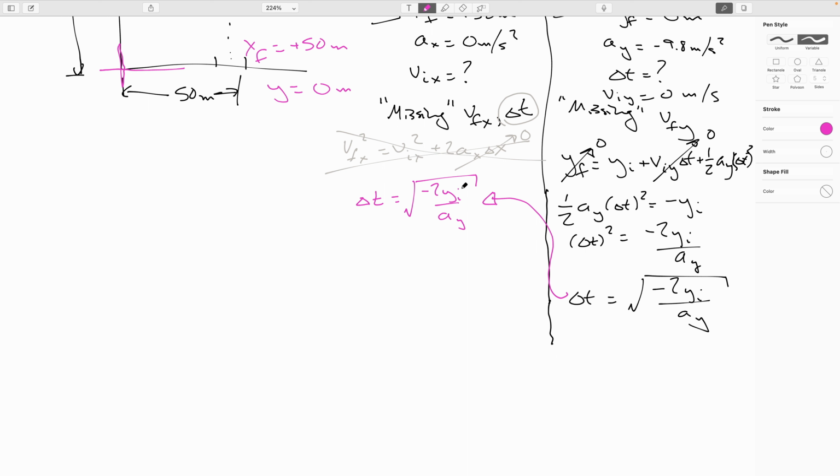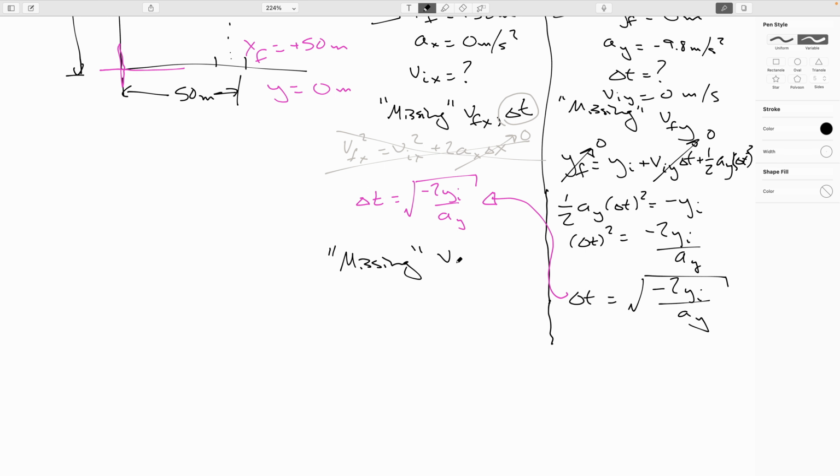So now with that, we can go ahead and use the missing v final, because remember, we know that v final is v initial, but we don't know what it is. So probably the best approach here is to use missing v final, although there are other ways to tackle this one.